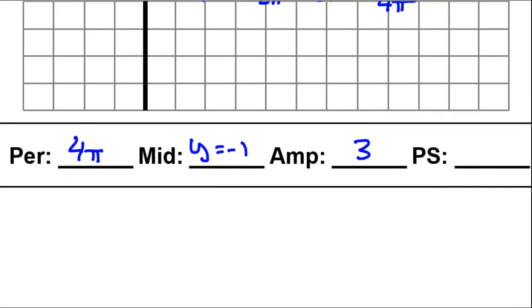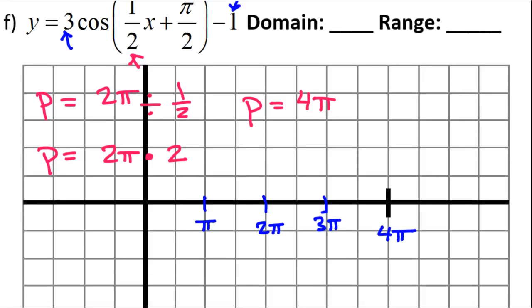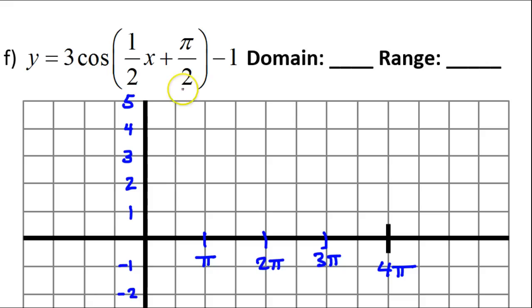What about the phase shift? There's definitely a phase shift on this one. It's time to find the phase shift, which has something to do with this, but it's not going to be pi over 2 because of the 1/2 there. If the 1/2 was not here, then the phase shift would be negative pi over 2, always the opposite.